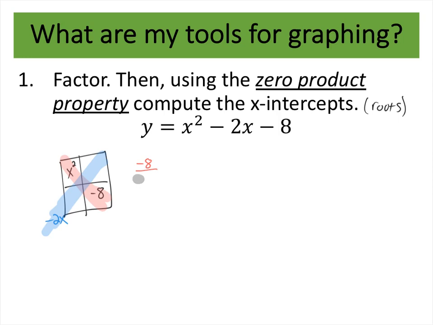We've got -1 and 8, -2 and 4, -4 and 2, and -8 and 1. This one adds up to -2, so we've got -4x and 2x, which add up to -2x and multiply to -8.